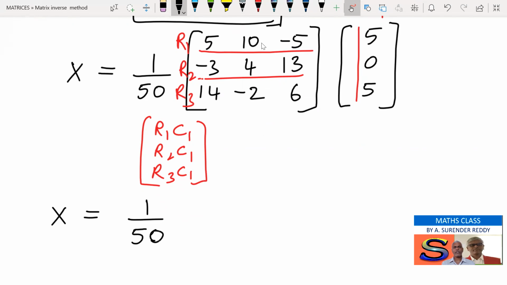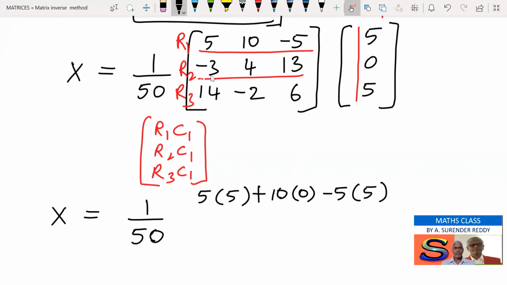First element, 5 into 5. Second element into second, that is plus 10 into 0. Third element into third, minus 5 into 5. So this is the first row multiplication.